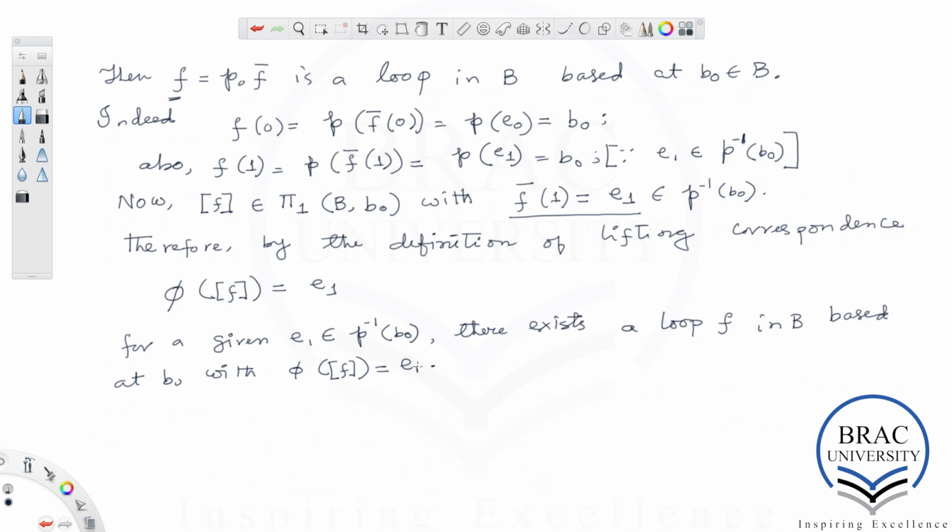We just have shown it. It means that phi is surjective. Okay. So we just have shown that if the covering space E is path connected, then the lifting correspondence phi is a surjective map. Okay.